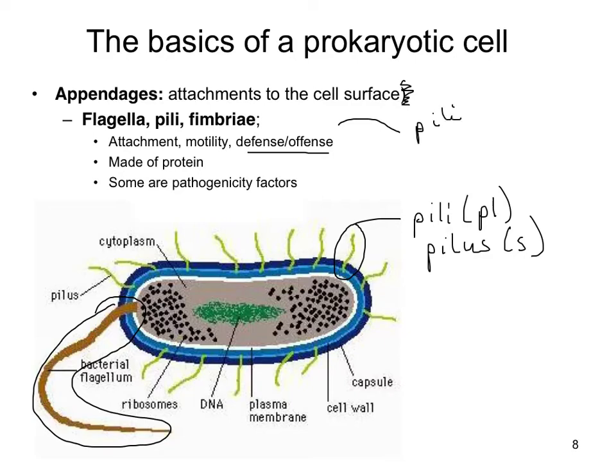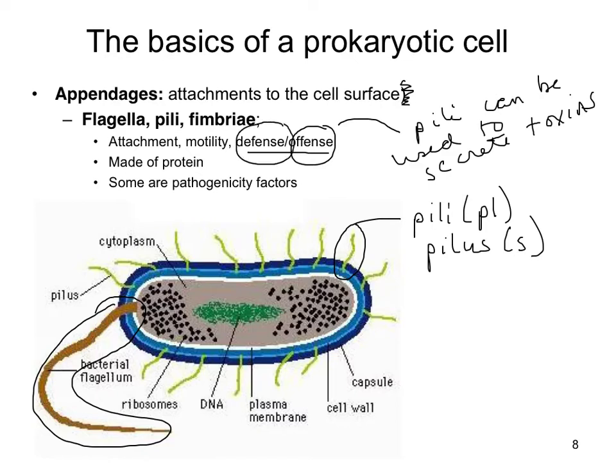For example, pili can be used to secrete toxins. That would be an example of an offense function. Okay?